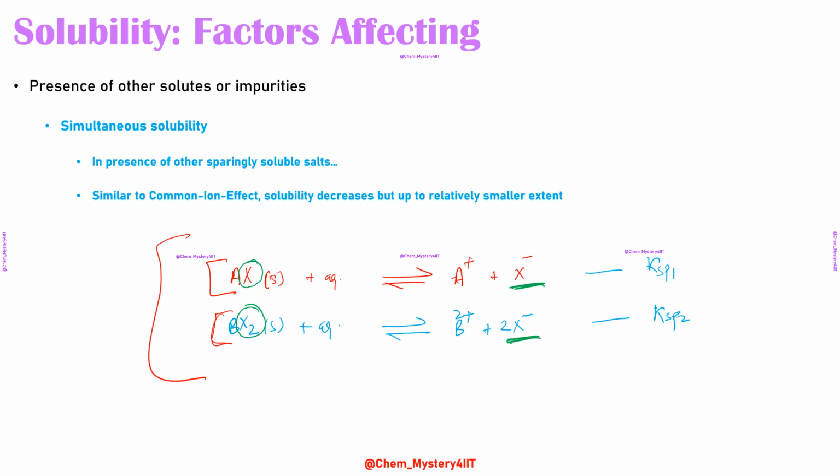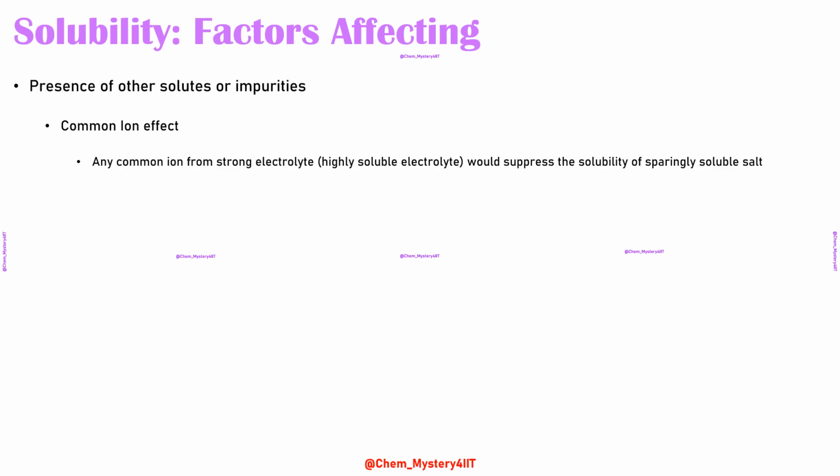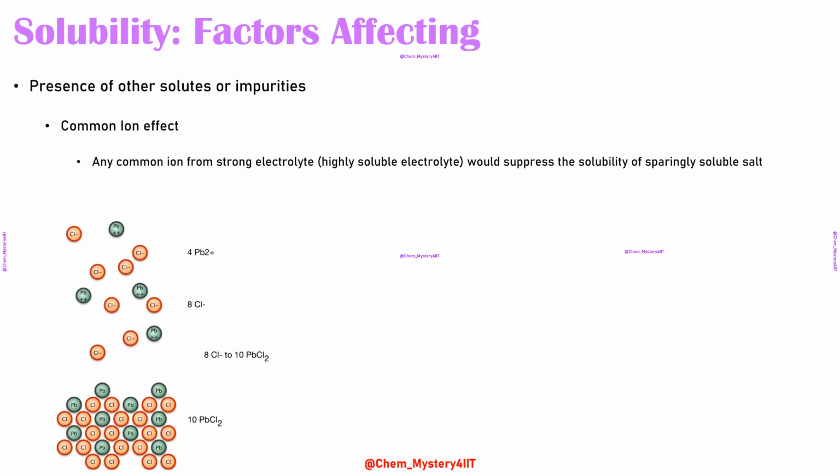One particular type of simultaneous solubility is the common ion effect. In the common ion effect, one of these electrolytes is a weak electrolyte, which will have a solubility equilibrium established. Say we are talking about lead chloride.